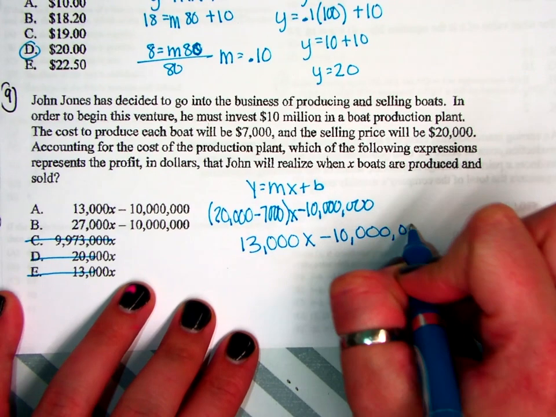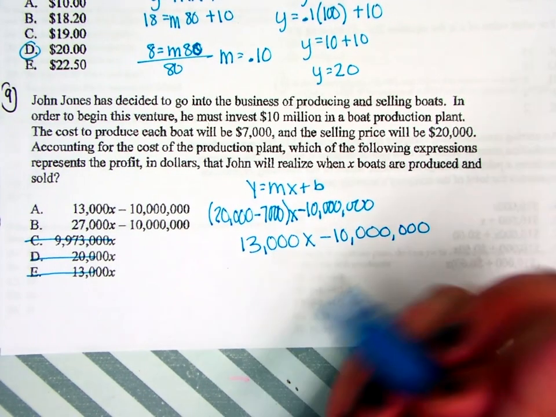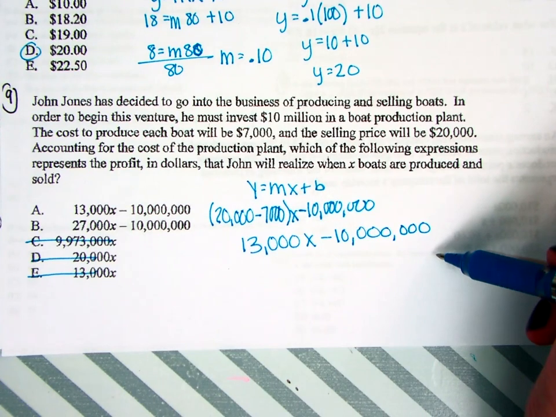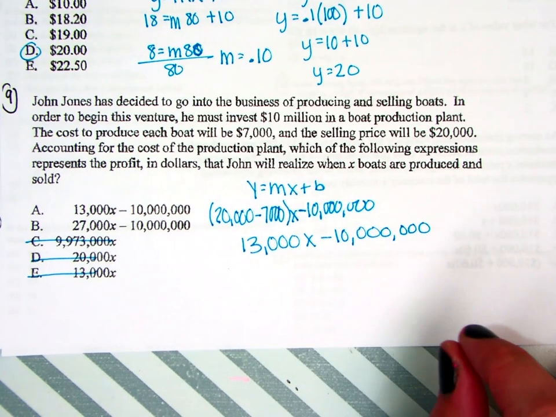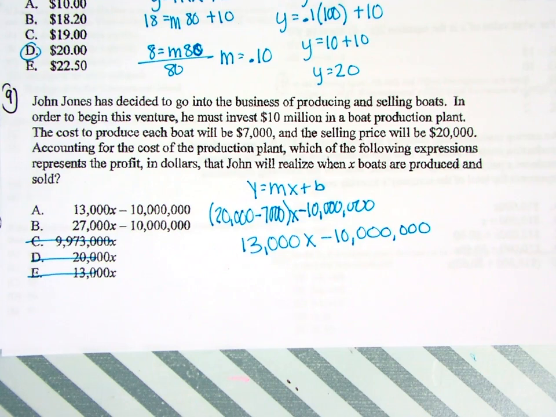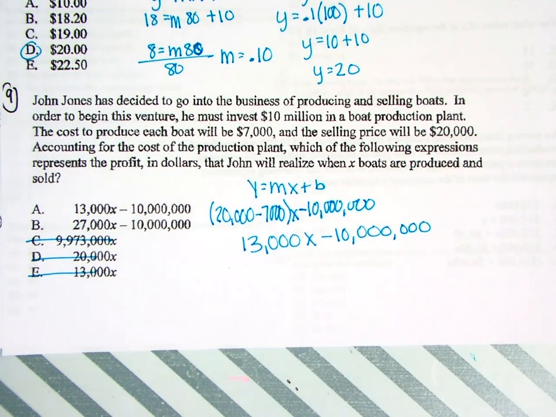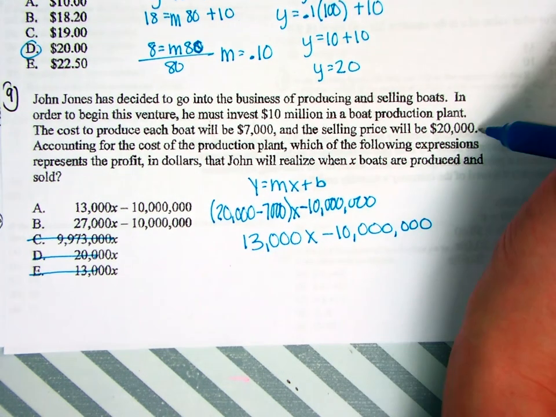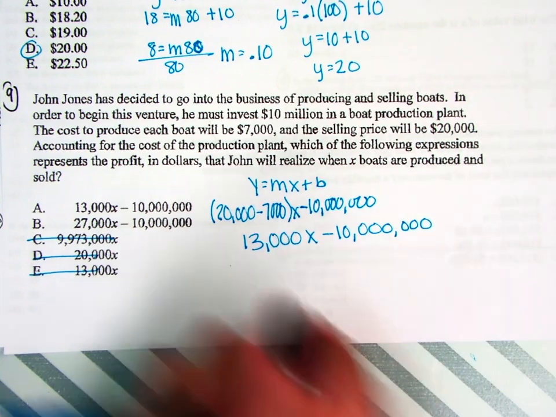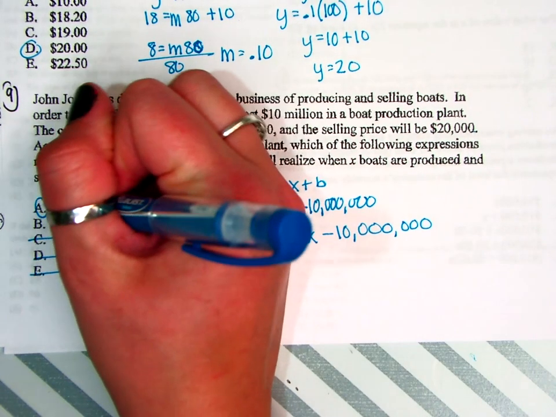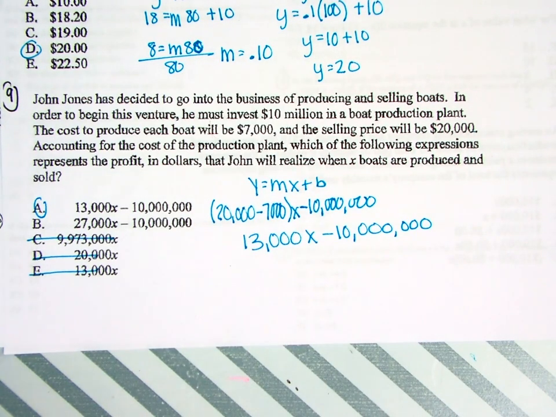To figure out when he would break even, we would just be solving for y. This is in the negative until he sells back $10 million worth of boats. So we are subtracting the cost of the boat from how much we're selling it for, because we're making that $7,000 back. That's why you would subtract, and the answer would be A.